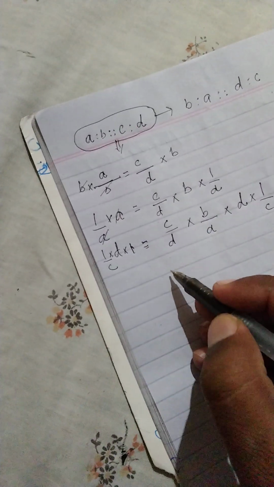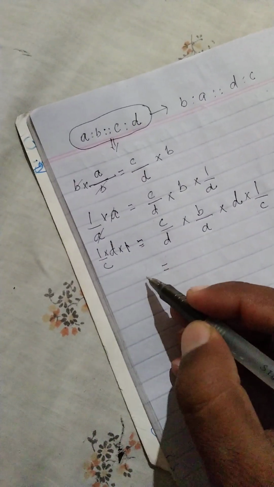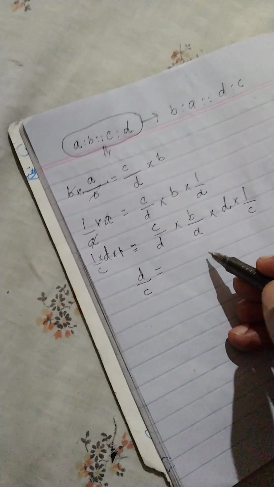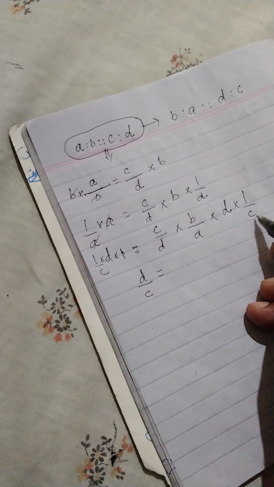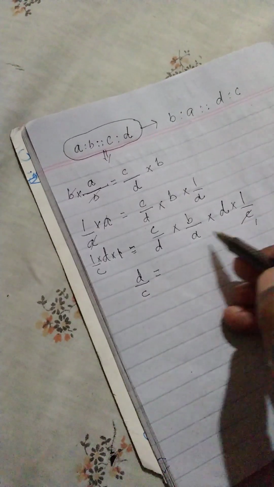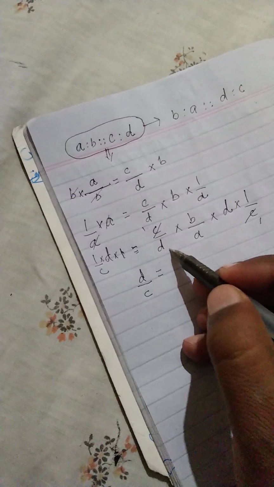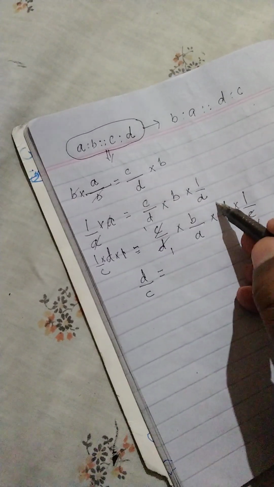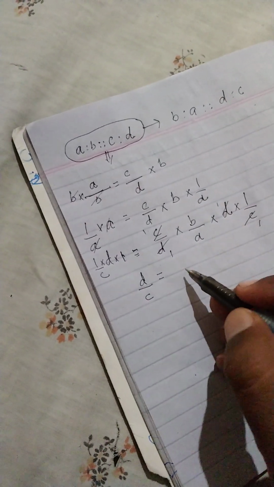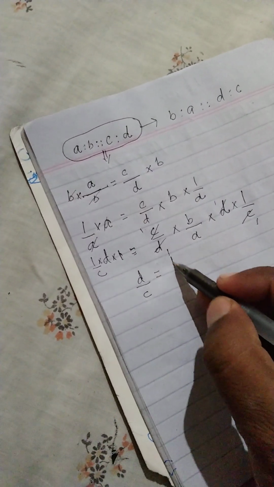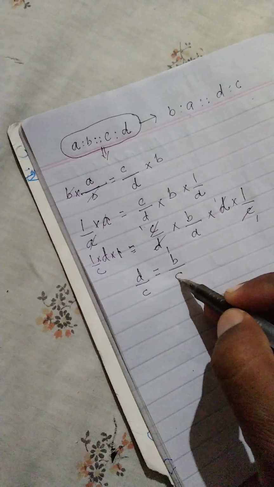So the left hand side of this equality will be D over C, and here we can cancel out one time C and one time C, and in the same way one time D and one time D. So we can write the right hand side as B over A.